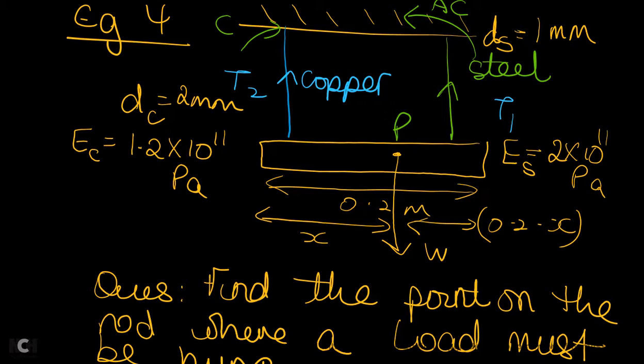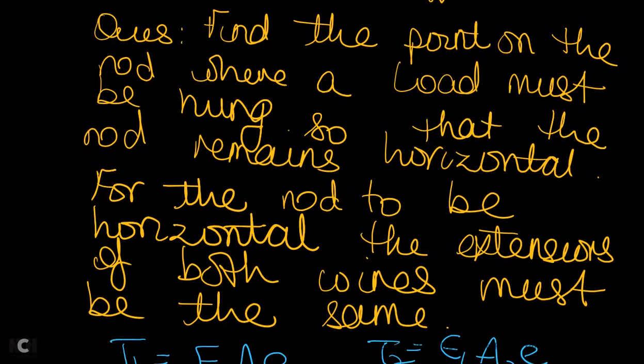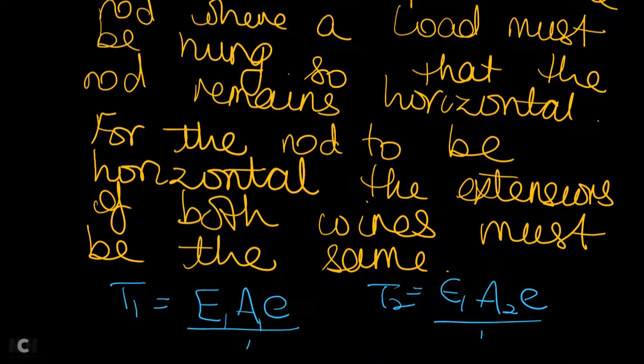So we're assuming that when the weight is hung from the rod, it becomes balanced. Now, when you talk about the rod remaining horizontal, then you're talking about the extensions on both wires being the same.